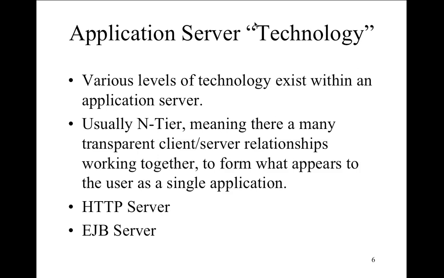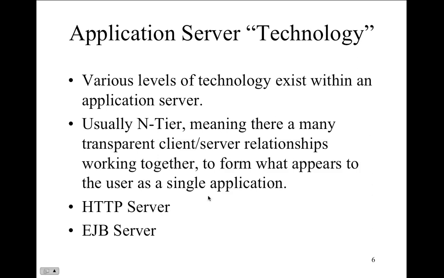And it really becomes a really big internetworking type of application development environment. So the technology that we're using, we have various different levels of technologies that exist within the application server itself, and this is where that terminology n-tier comes into play. Usually it's considered n-tier, meaning that there are many transparent clients, servers, everything that works together.